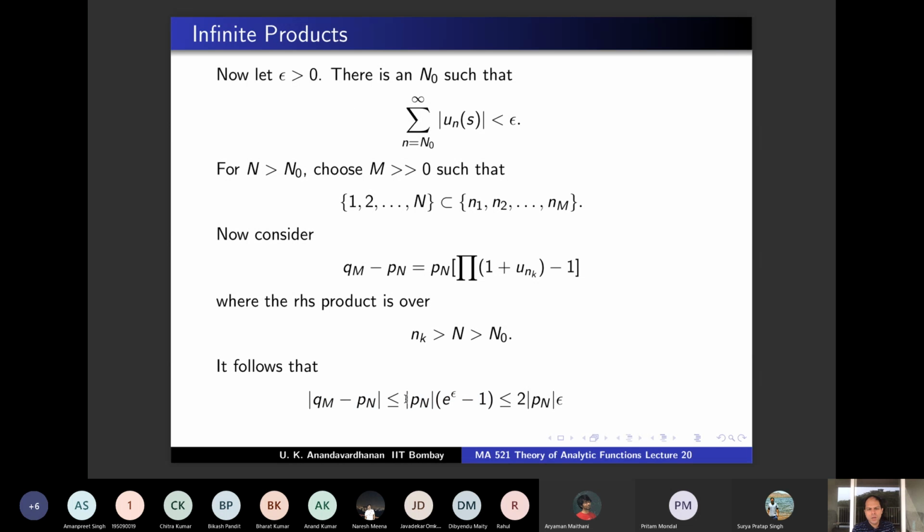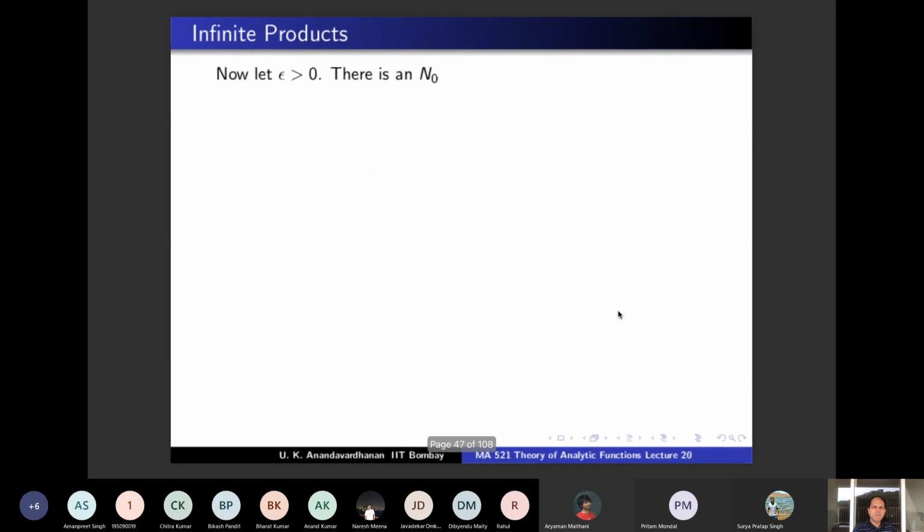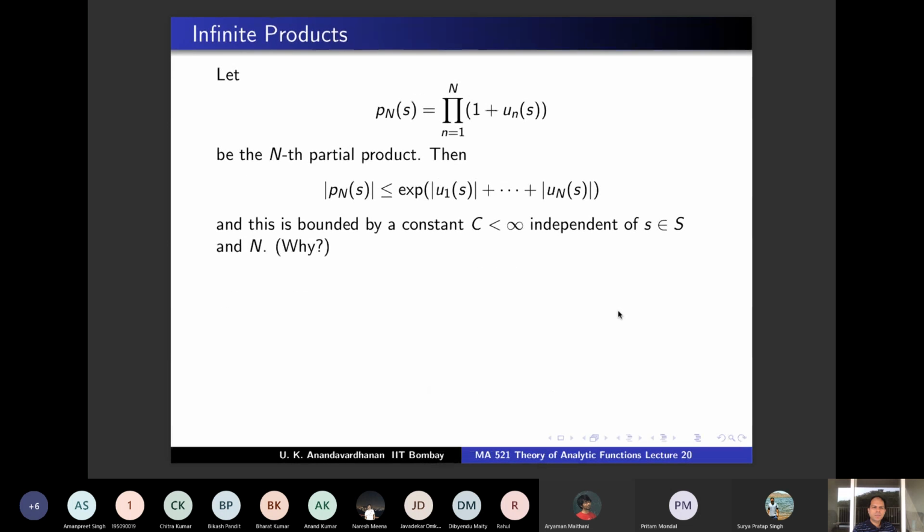Now let's come to the explanation for this. If you choose epsilon small enough, then e power epsilon minus 1, divided by epsilon, is less than 2. You just need such an epsilon, right? Epsilon small enough so that e power epsilon minus 1 by epsilon is less than 2, then you get this inequality. And you had this bound, right? C was the bound. Mod Pn is bounded by C, which is independent of n.